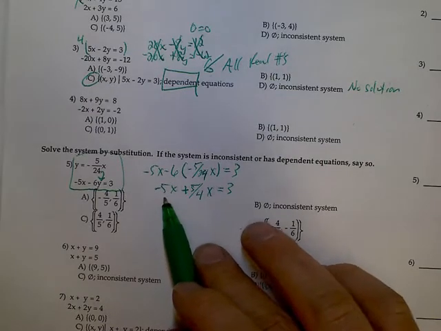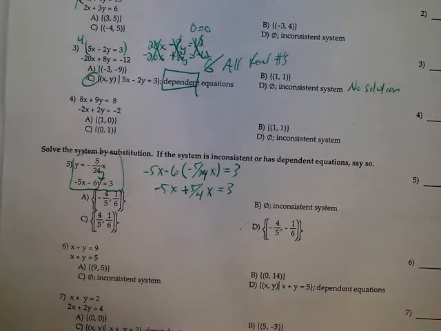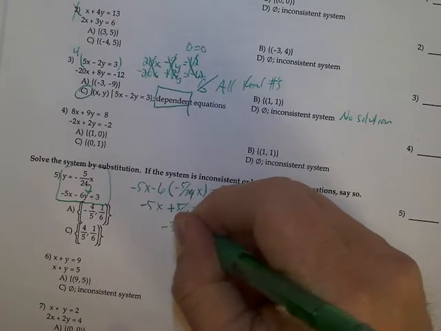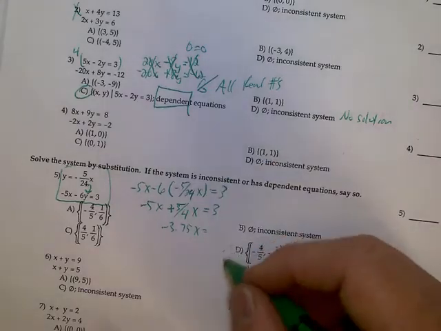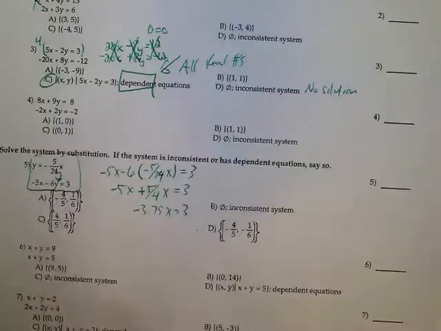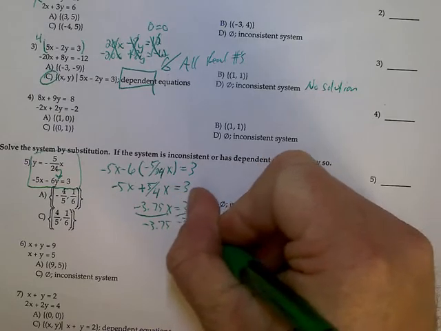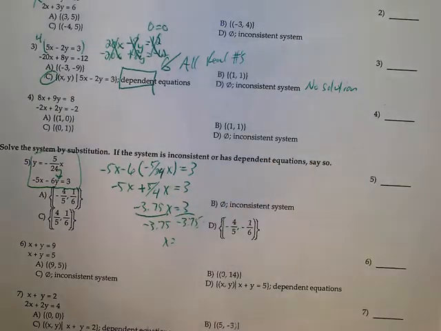So I know that negative 5x plus 5 over 4, let me see, negative 5 plus 5 divided by 4 will give me negative 3.75x, and this needs to equal 3. Divide by negative 3.75, divide by negative 3.75.